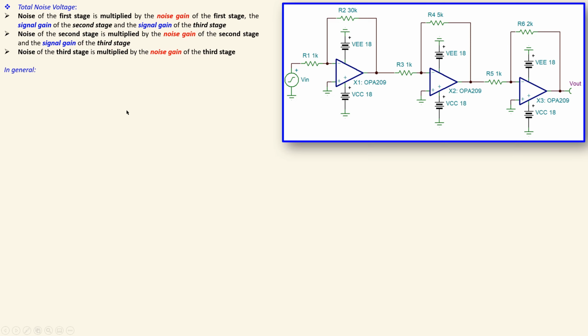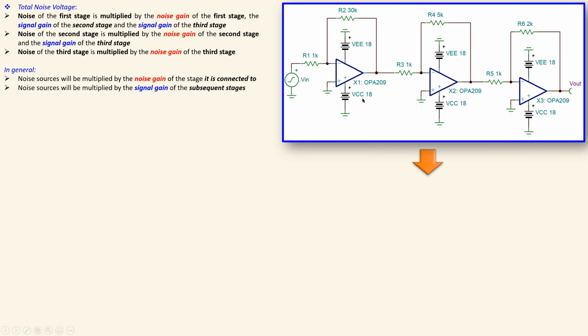Now in general, a very important note here: the noise source will be multiplied by the noise gain of the stage it is connected to. So actually this is the first stage and the noise sources are connected to this part, but it will be multiplied by the signal gain of the subsequent stages, which will be considered noise free, using of course the superposition principle.